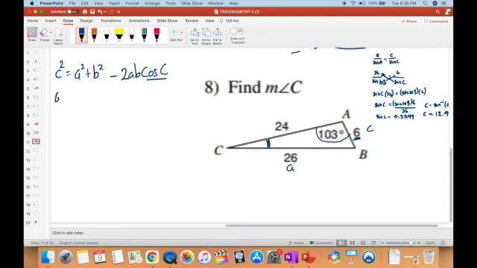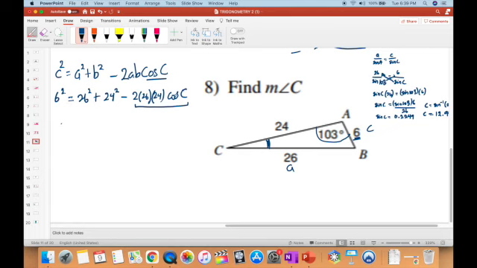This is 6 squared is equal to A squared, which is 26 squared, plus B squared, which is 24 squared, minus 2 into 26 into 24 cos of C. Remember, this is all multiplied together, so you think about it like one unit.